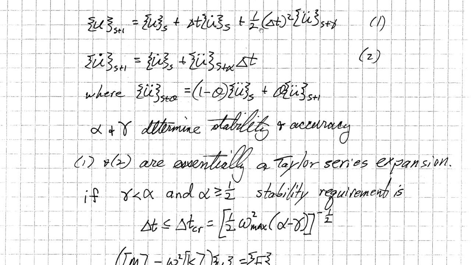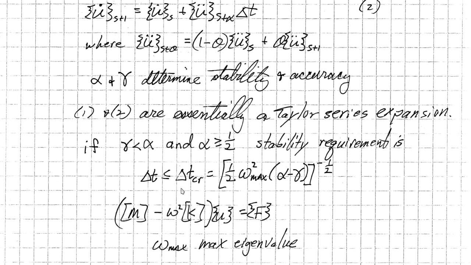Another important thing to note is if gamma is less than alpha and alpha is greater than 1/2, here's the stability requirement. So you can show that if delta t is less than a critical time step, which is based on your maximum eigenvalue and this difference in 1 over square root, then you have a stable solution.